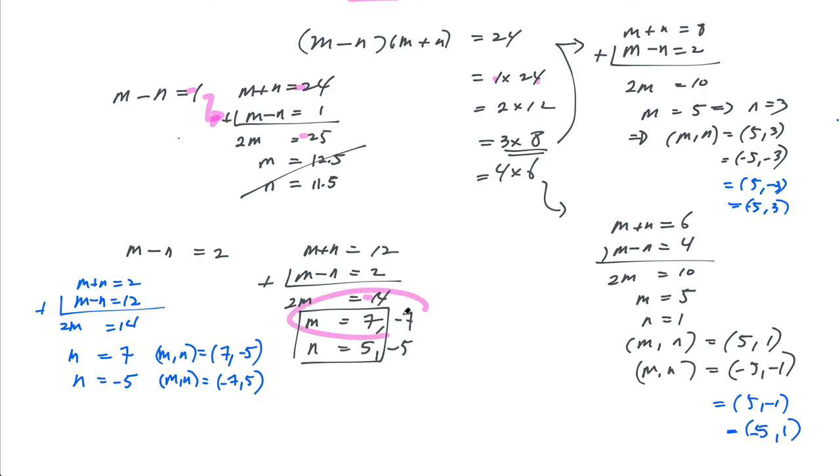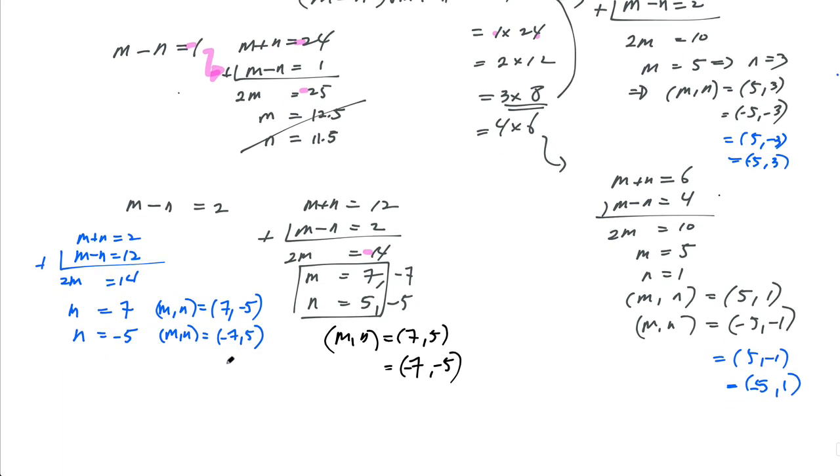Okay, so let me rewrite this answer here. m, n is equal to 7, 5. Okay, and 7, negative 5. Negative 7, negative 5. Okay, so I think we can actually shorten all that.